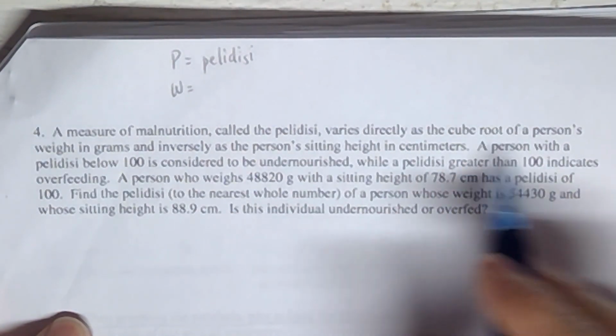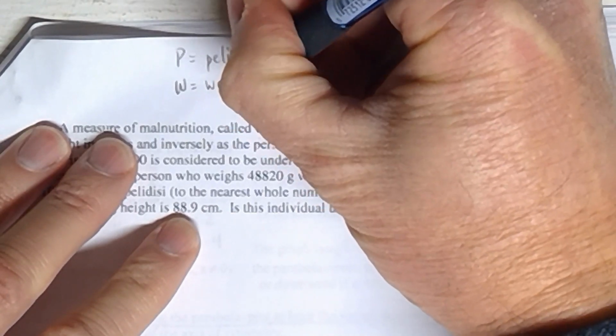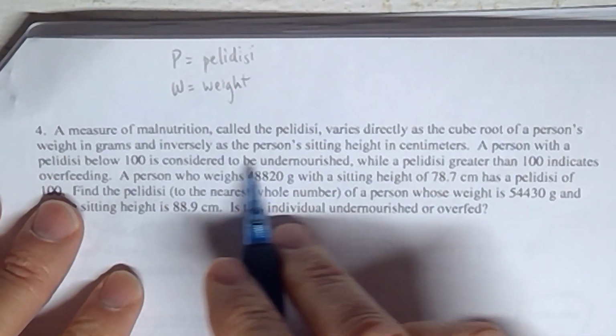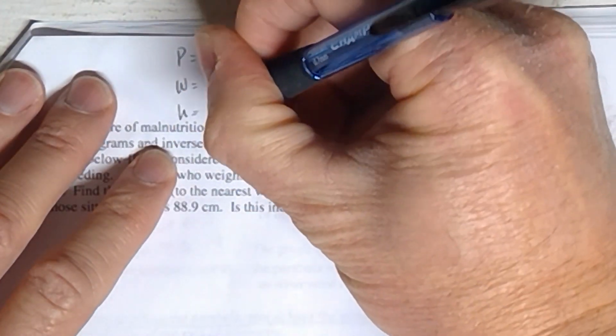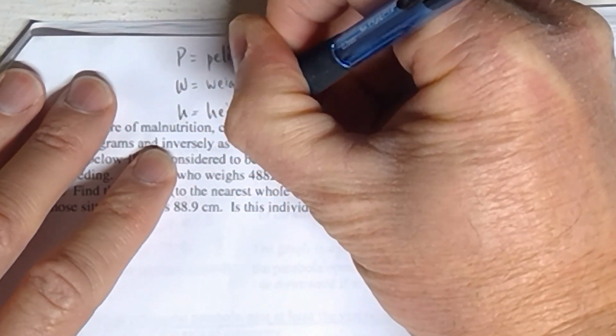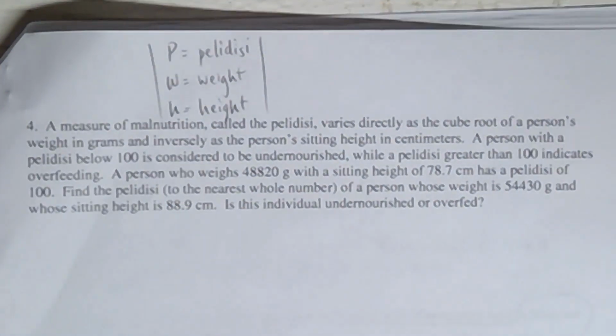It says the cube root of a person's weight, so weight is another thing. And then it says inversely as the person's sitting height. I'll just say height for short here, but the person's sitting height is another thing. So those three things we're looking at.